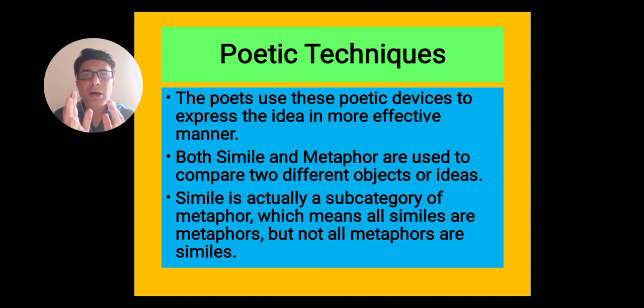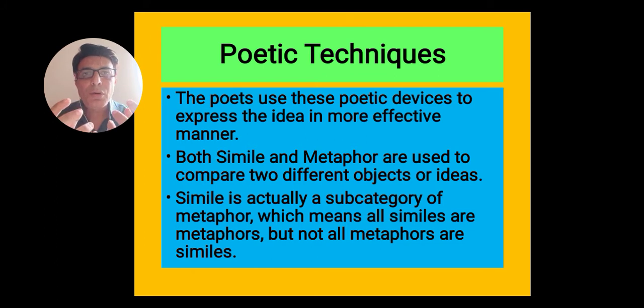Okay, now let's come to the main idea of the discussion, the difference between simile and metaphor. Friends, simile and metaphor both are figures of speech, both are ornaments of language.